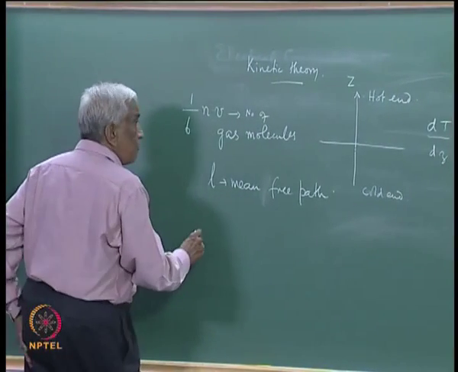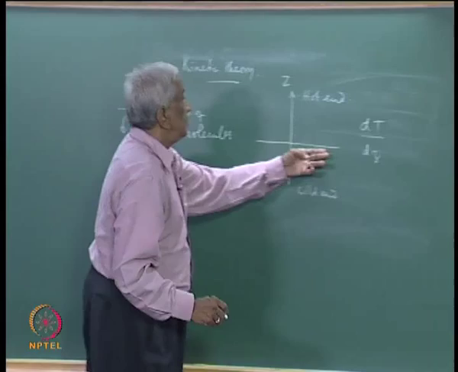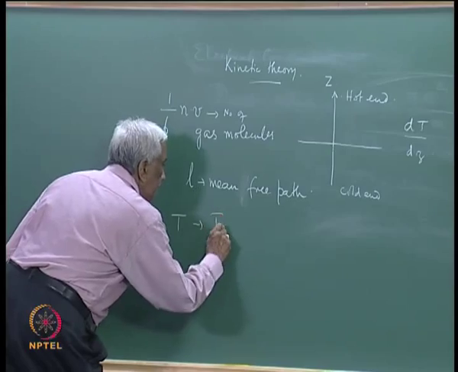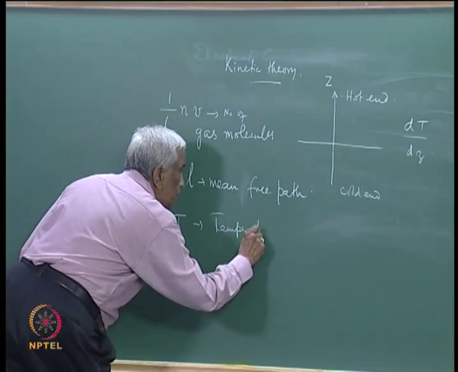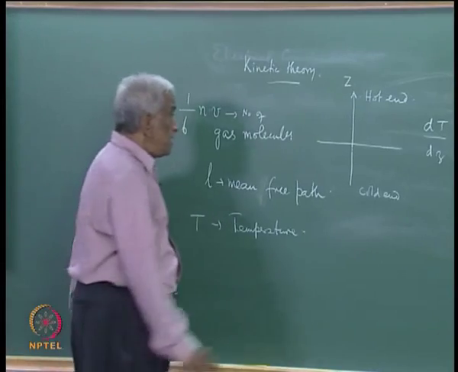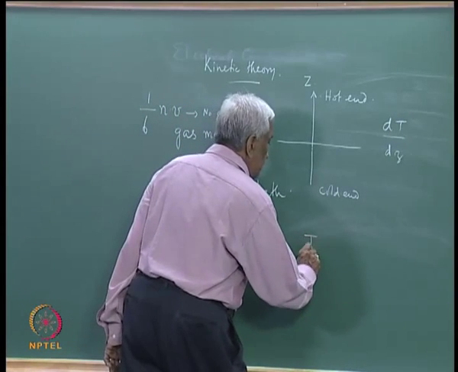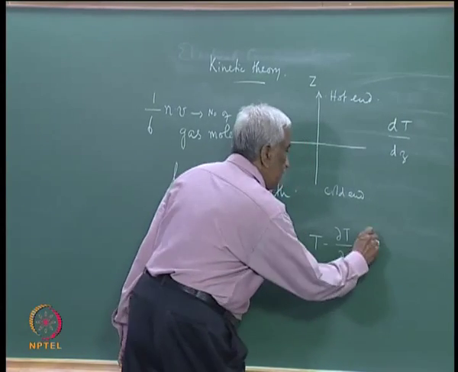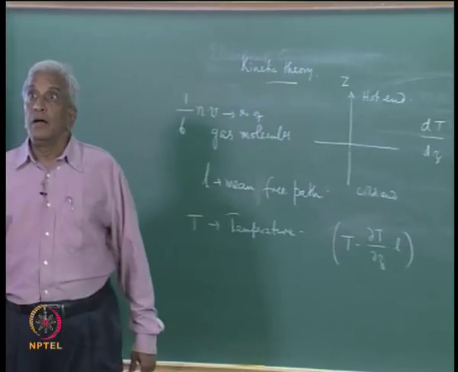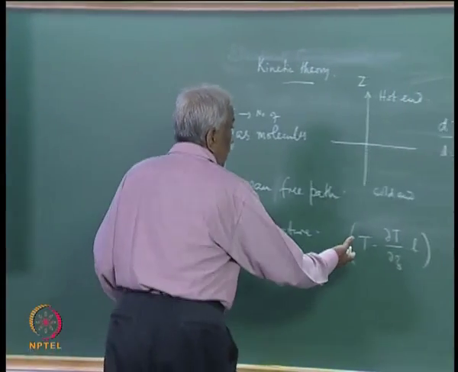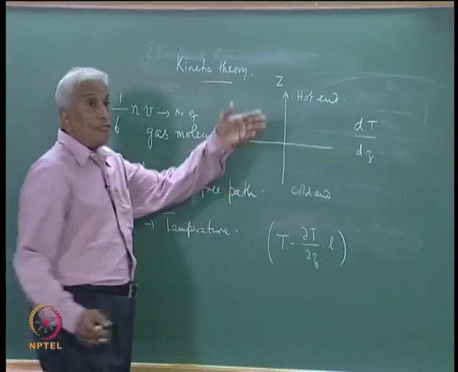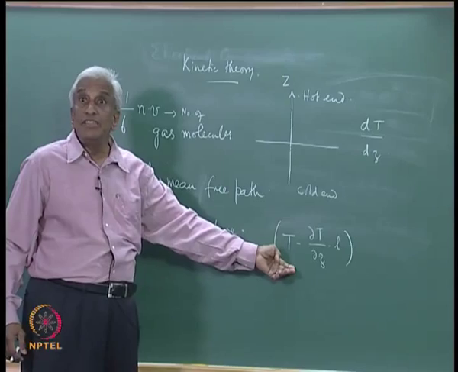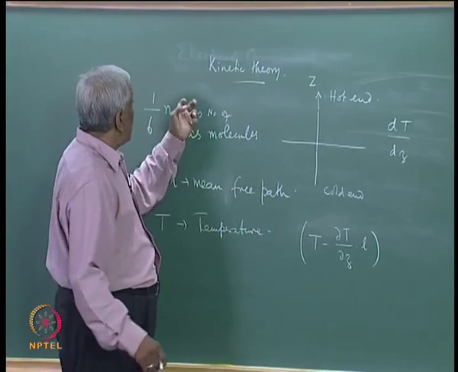So, if I take the temperature in this section as T, the absolute temperature, then a Taylor expansion says T minus dT by dz into L will be the actual temperature of the molecule which starts from the previous collision and reaches this unit area in unit time by travelling this distance.